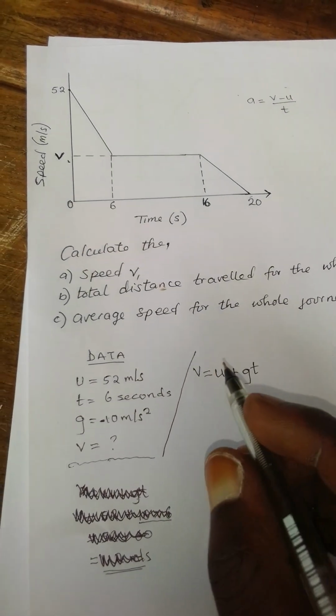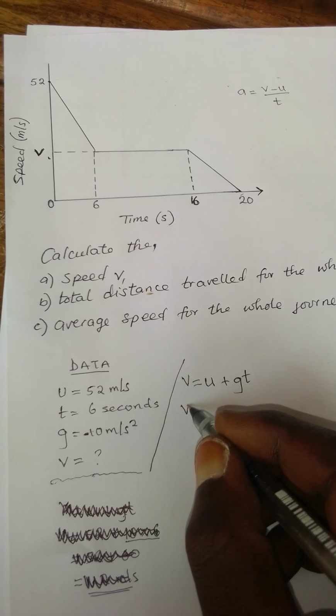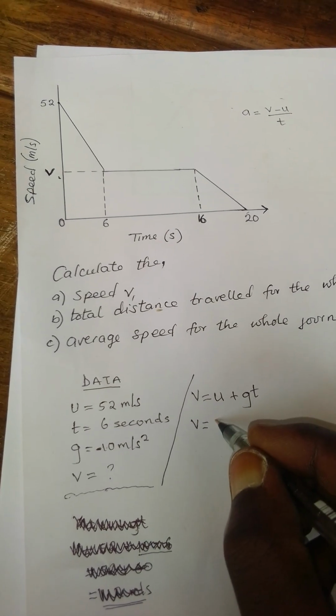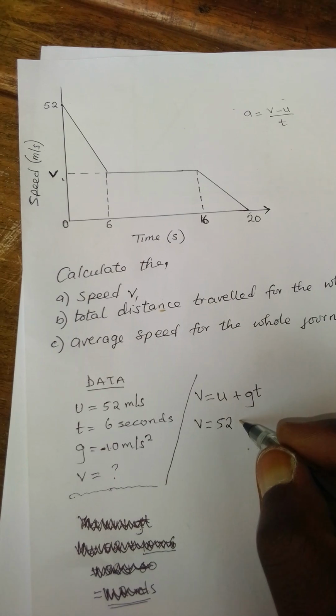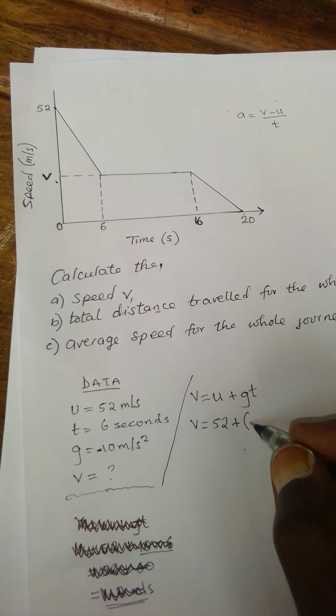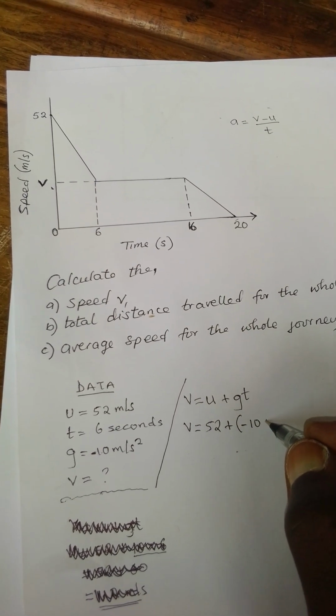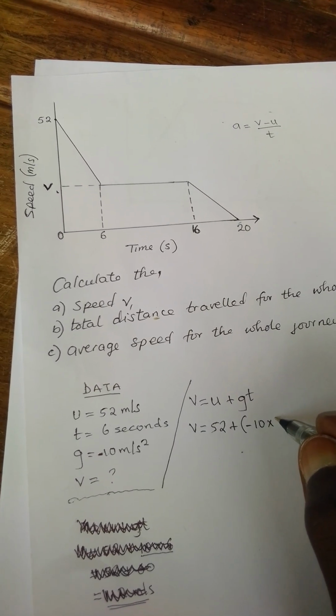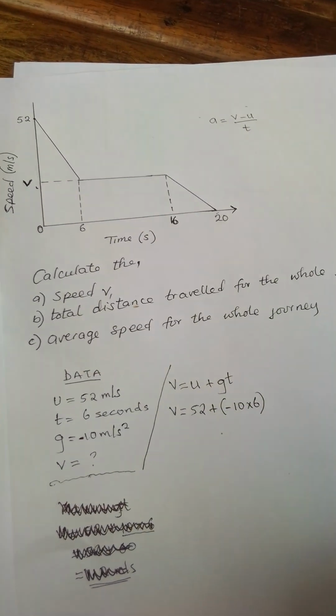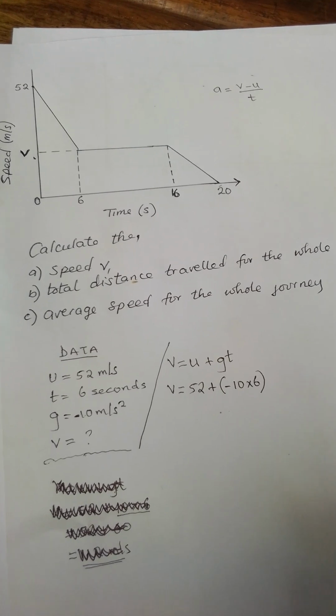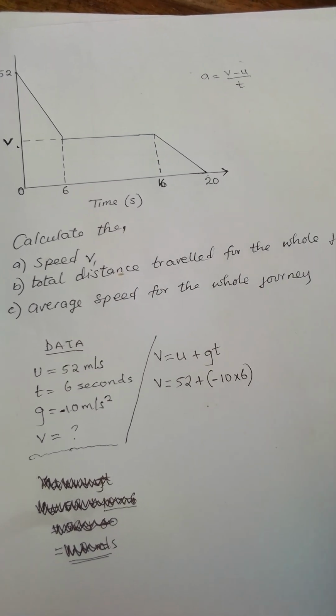So let's now proceed. Velocity v is equal to initial velocity, 52 meters per second, plus acceleration due to gravity, negative 10, times t. t is 6. That's a thing you need to bear in mind.